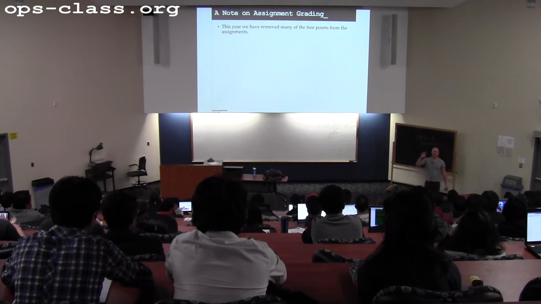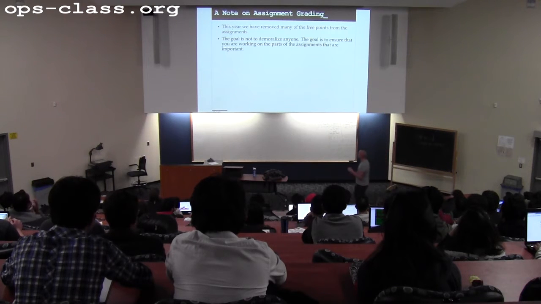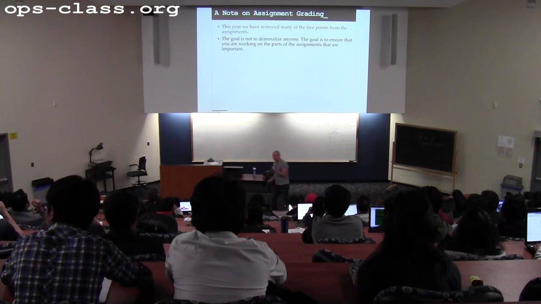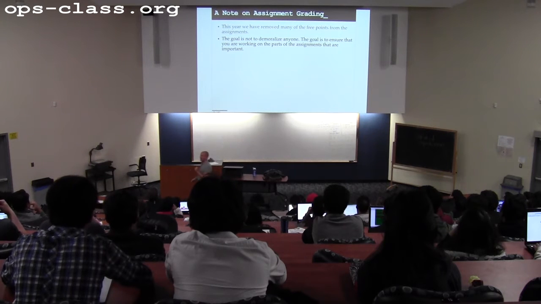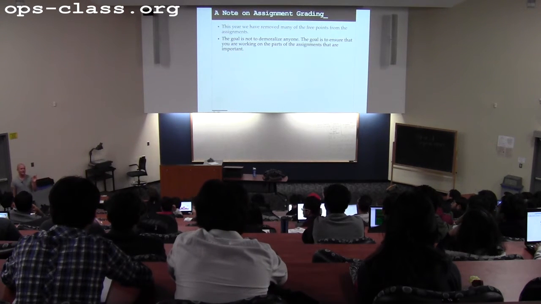So this year we took those out. The points on the assignment are going to be for implementing things and getting them to work. Now, here's the thing. Unfortunately, that's going to give some of you a false sense of frustration because you're going to be like, I've been working on this assignment for 2 weeks and I still have 0 points, because you haven't gotten anything to work.